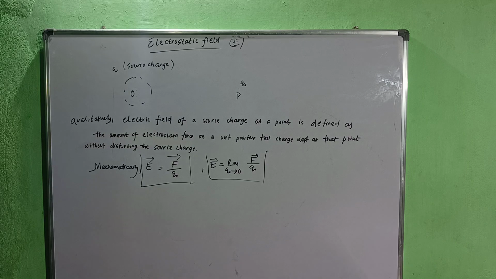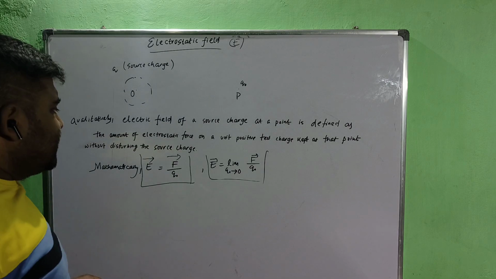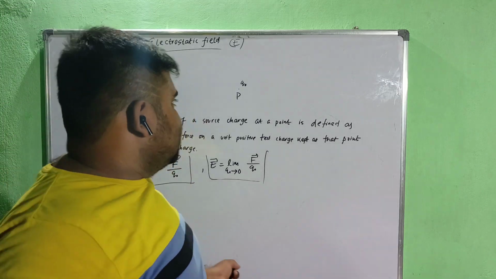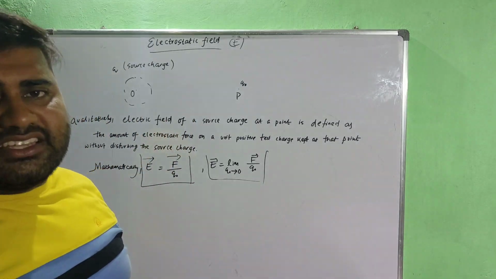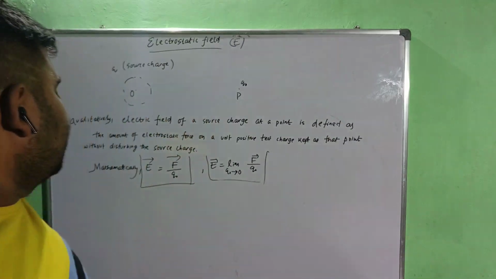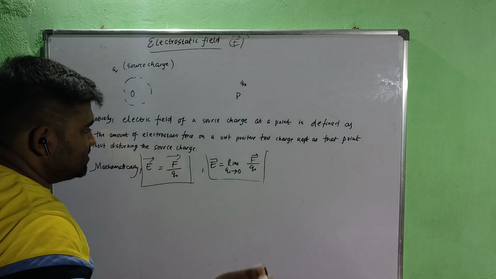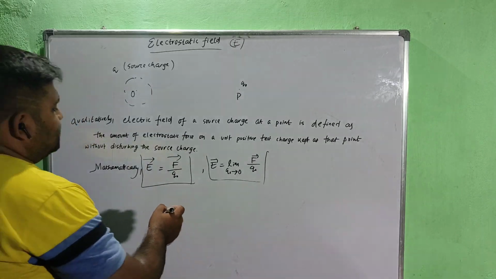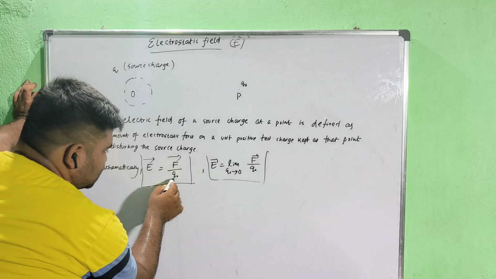Now let us find out some miscellaneous things like its units, its dimensions, and other things. Then we shall be continuing to its characteristics and some other things. Okay. So let us first find out its unit in SI. As we see, electric field is force per unit positive test charge.